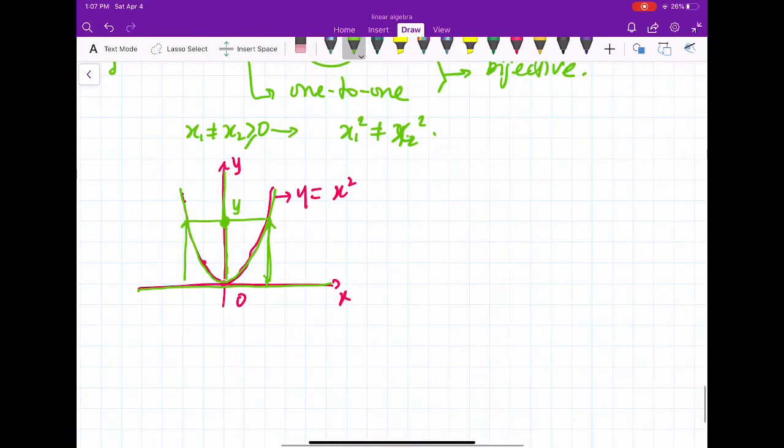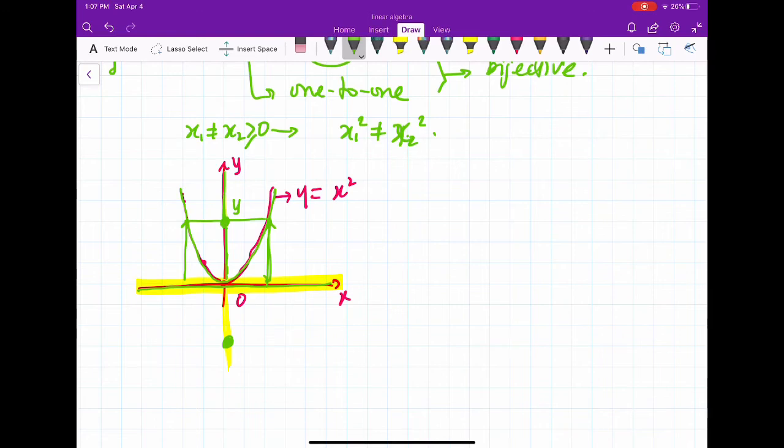But if you just consider the map from R to R, meaning from the whole number line x to the whole number line, you might pick some point y in here, and such y will not have a pre-image via this map.